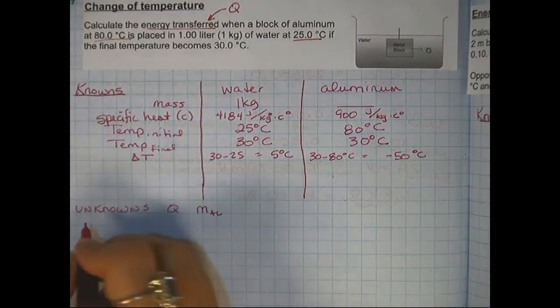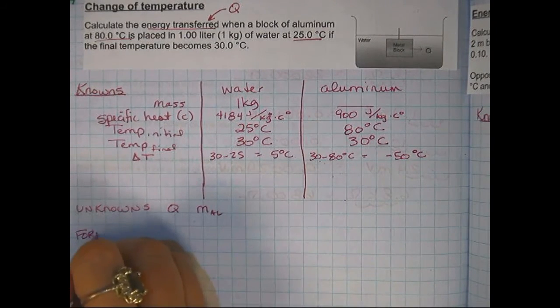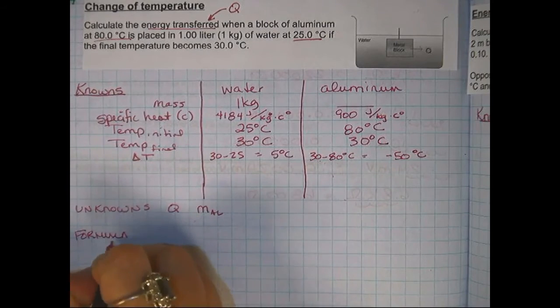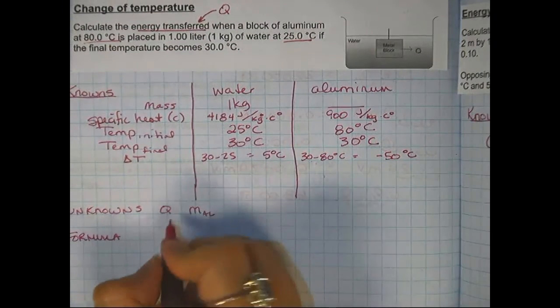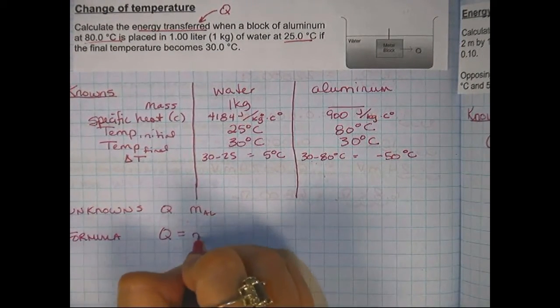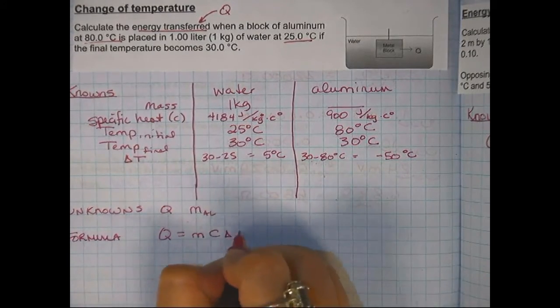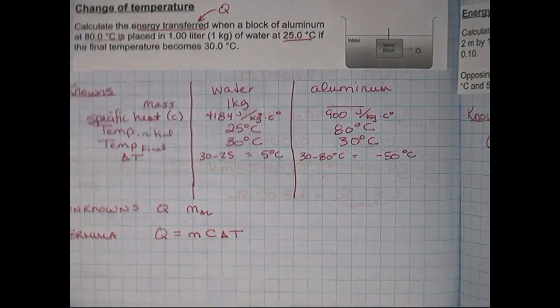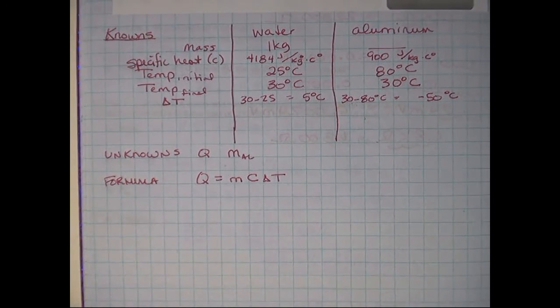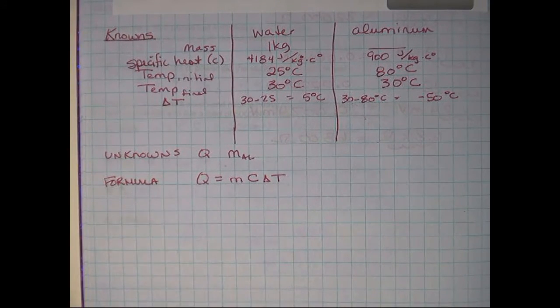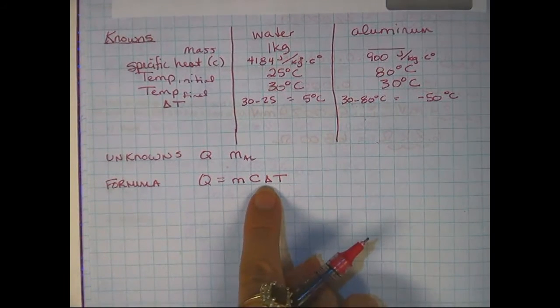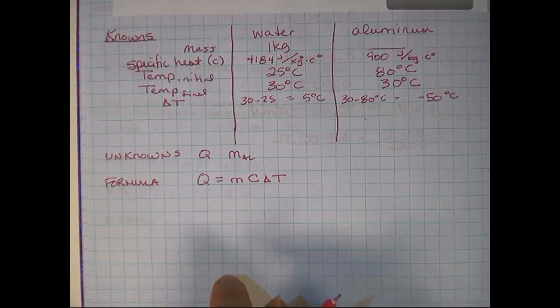So we're going to start with our formula of Q equals mc delta T. And this is a pretty common thermodynamics formula. You learn this also in physics. This is the formula that my students in physics always call the MCAT formula, even though that's a delta, not an A. That helped them remember it.